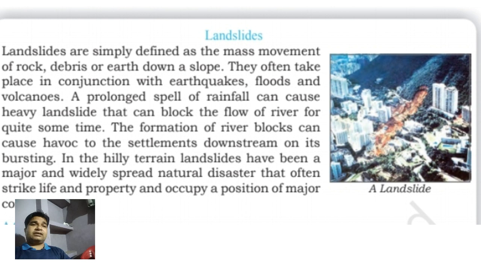That can block the flow of water for quite some time. The formation of river blocks can cause havoc. Havoc means big destruction to the settlements downstream. Downstream means the water which is flowing down. On its bursting, bursting means going at speed.